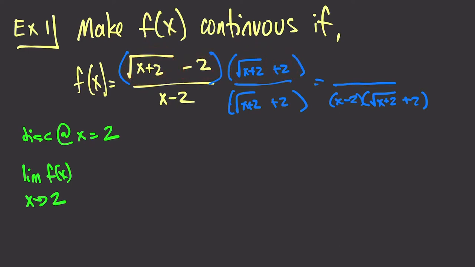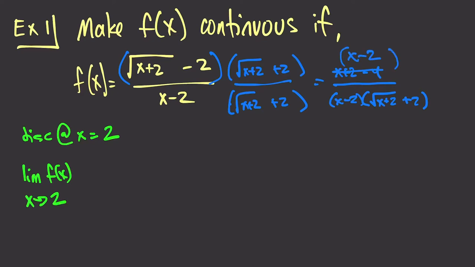So what we're going to get here is square root of x plus 2 times square root of x plus 2 is simply x plus 2. Then when I multiply negative 2 times a positive 2, that gives me negative 4. So now I can clean this up right here. X plus 2 minus 4 is simply x minus 2.